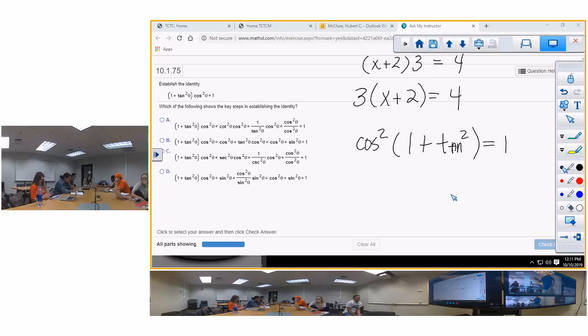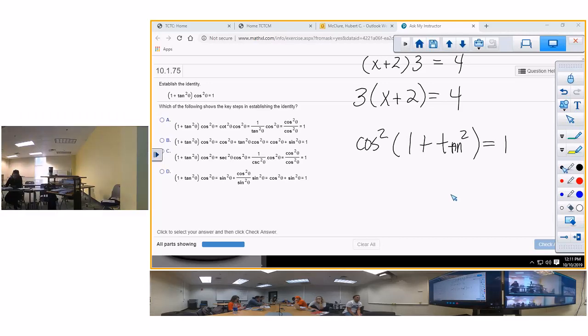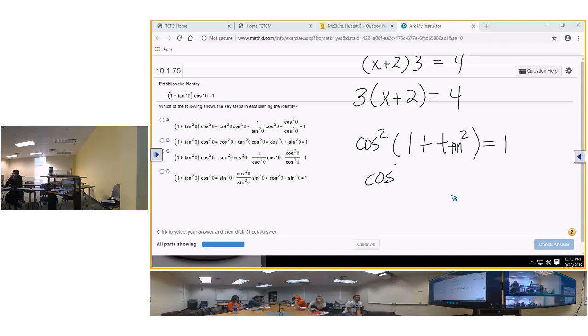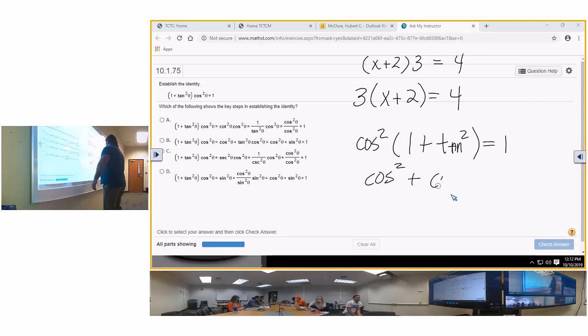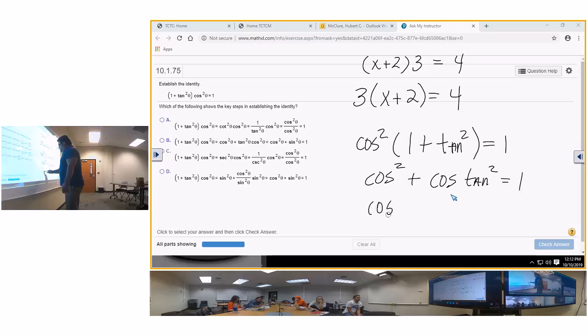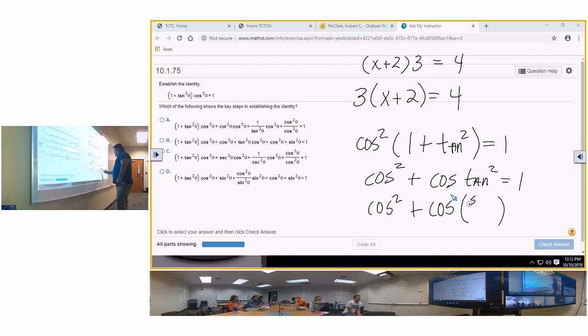So I get cosine squared plus cosine times tan squared is equal to 1. Now the only thing I need to focus on is the tangent. So I'm going to rewrite cosine squared plus cosine, parentheses, sine squared over what?